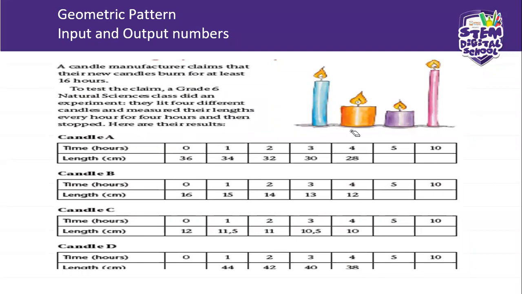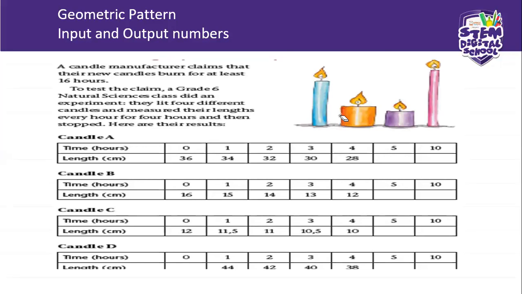All right. Candle C. Who will be able to do candle C for us? For number 5, candle C will be 9.5, and for number 10, candle C will be 7.